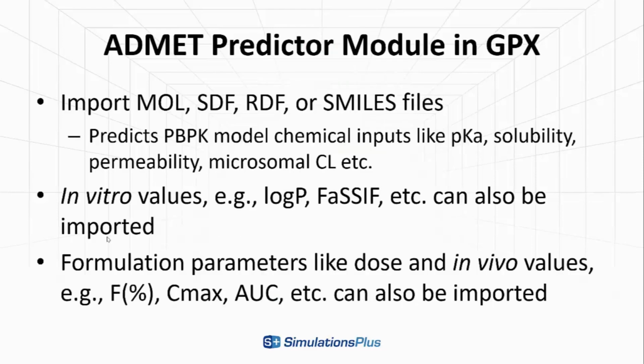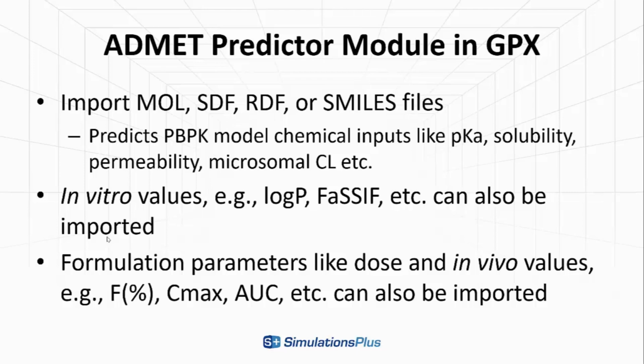The ADMET Predictor module in GPX allows one to import mol, SDF, RDF, or SMILES files into the program. The 2D structure of the input molecule is used to predict chemical inputs like pKa, solubility, permeability, and microsomal clearance, among other properties.